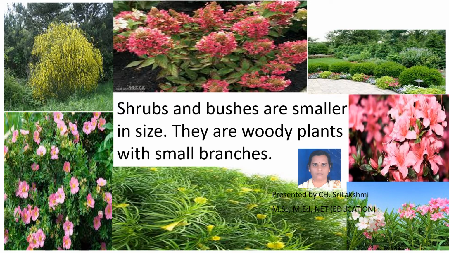Depending upon the size, they can be broadly classified into four types. First is shrubs and bushes. These shrubs and bushes are smaller in size than the trees. These are woody plants with many small branches.